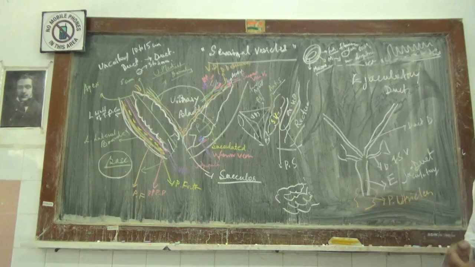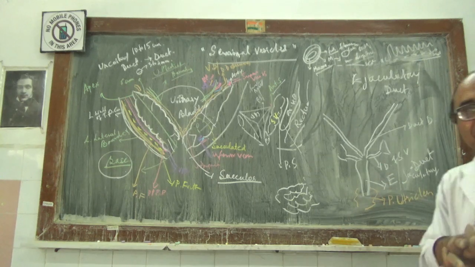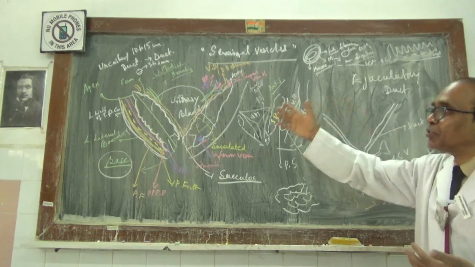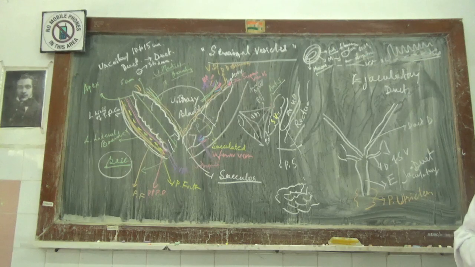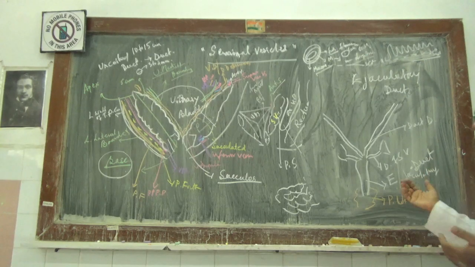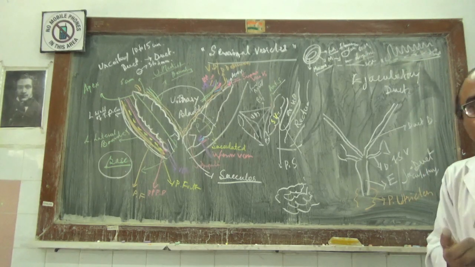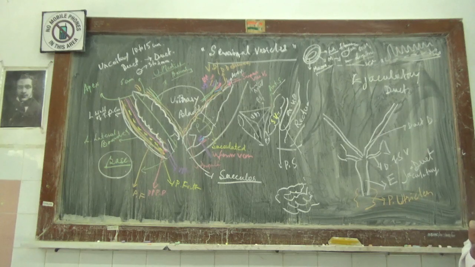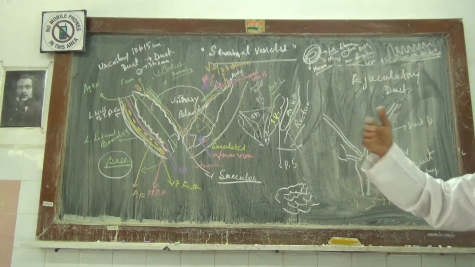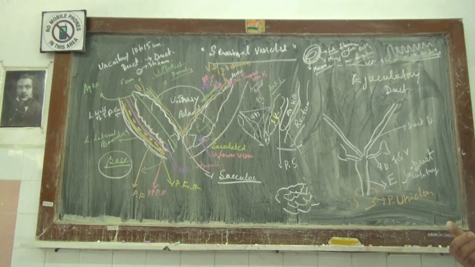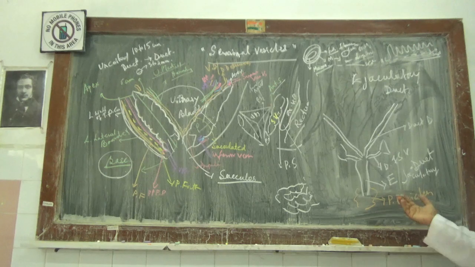Now what is the embryology of this? Embryology of the ejaculatory duct: as it is part and parcel of the genital system, it is developed from the genital bud, which gives way for the formation of the genital folds. From the genital folds it comes into mesodermal origin.